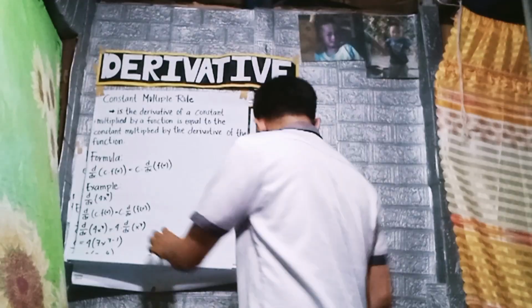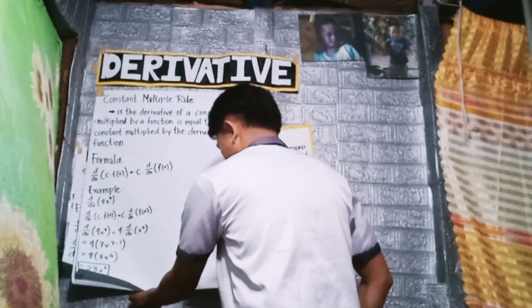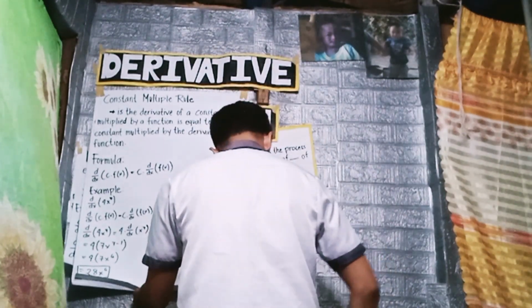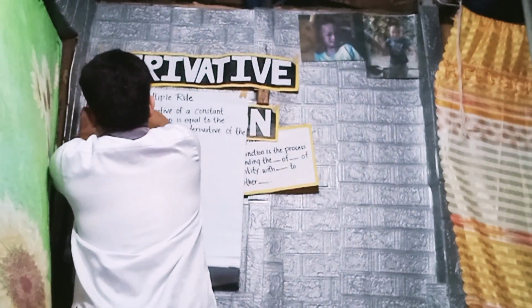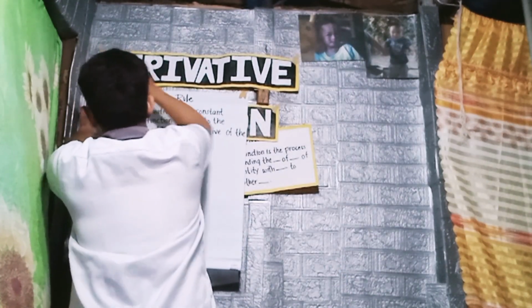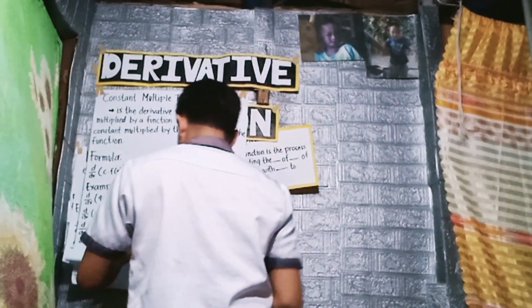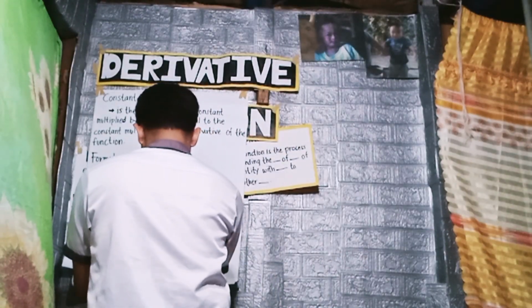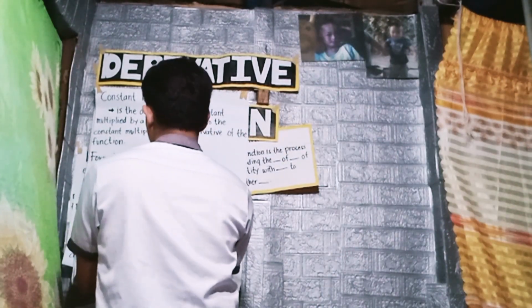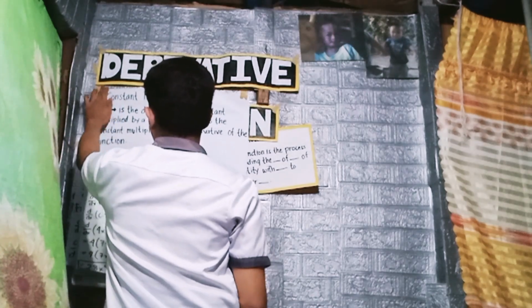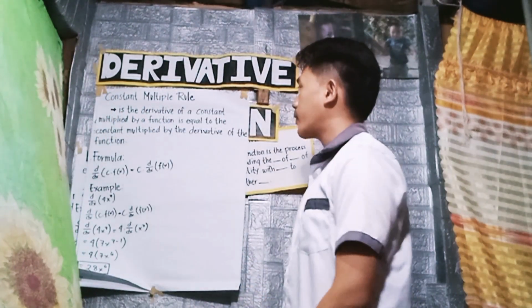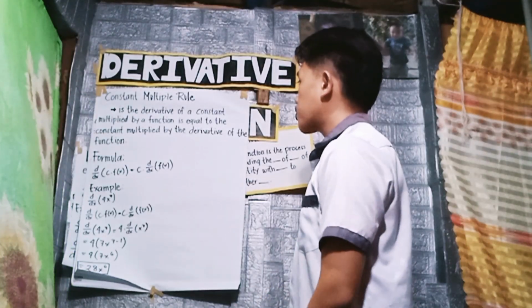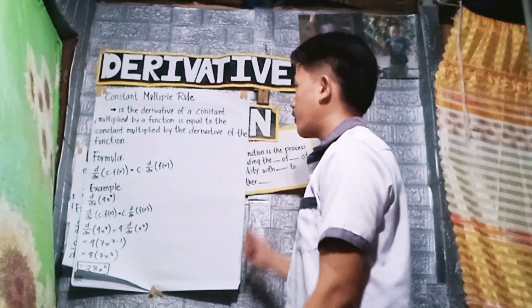So constant multiple rule is: the derivative of a constant multiplied by a function is equal to the constant multiplied by the derivative of the function.